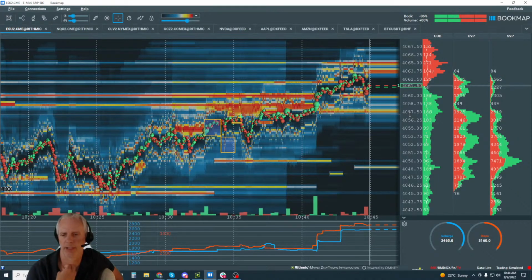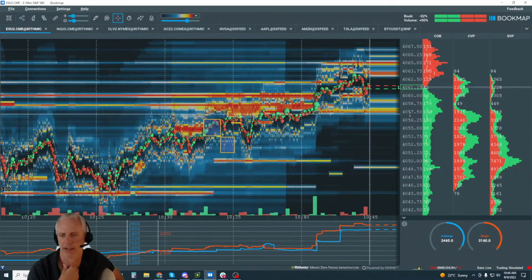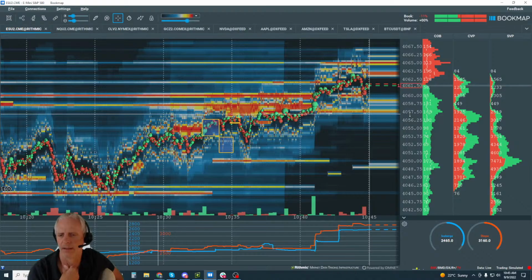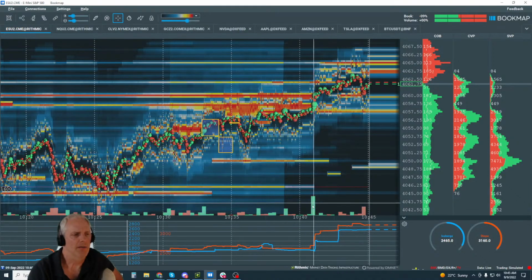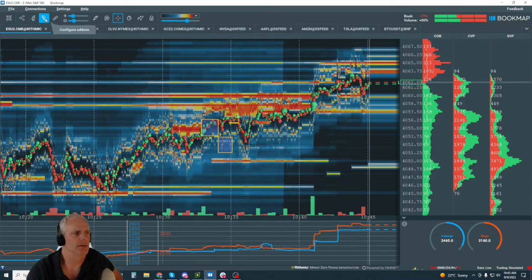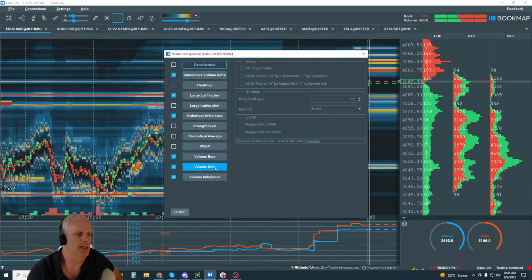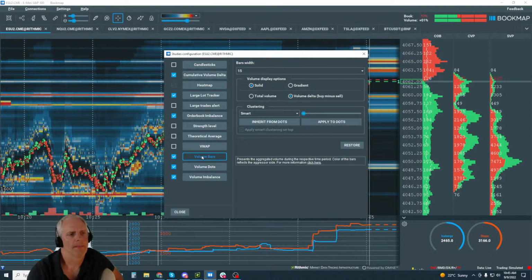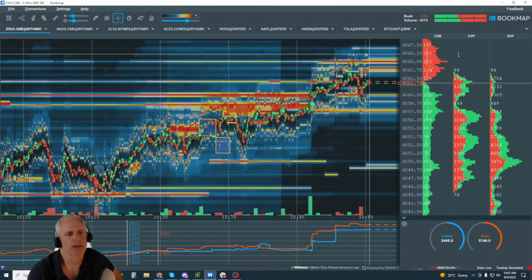Is there an option in Bookmap to get volume and book bars? Volume bars, it comes with Bookmap. You'll see it here under studies configuration right here. Order book bars.